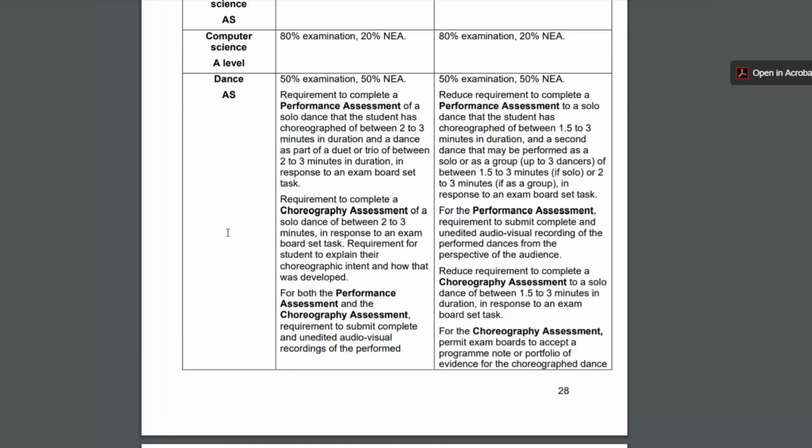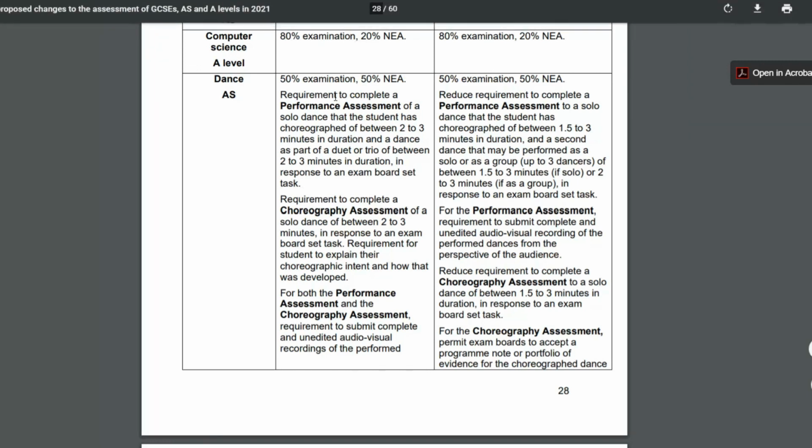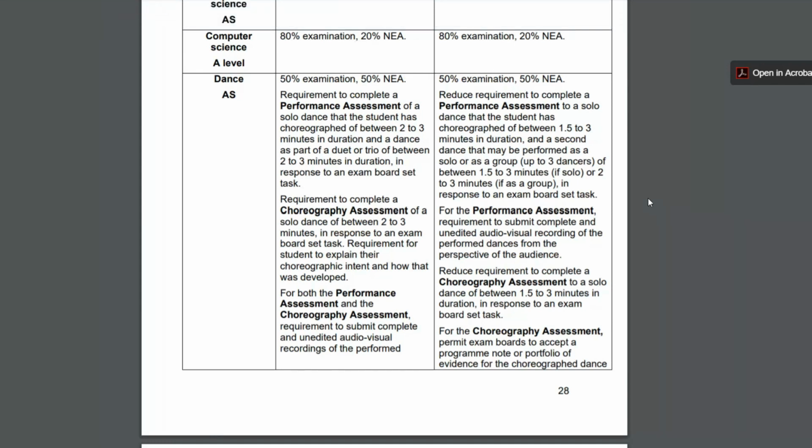So, on to dance. Now, I'm not going to spell out dance. I'm sure that most of you are familiar with dance, and if you take it, and the different parts within it, the different performances that you have to do, the choreography and all those sorts of assessments. Before they were 50% examination and 50% NEA, that's not changing. But the requirements for all your performances and your choreography and all those sorts of stuff will change.